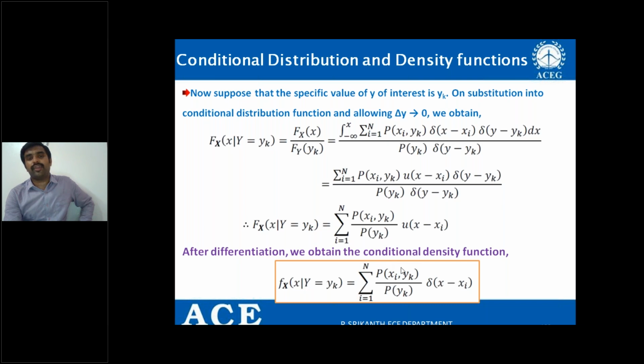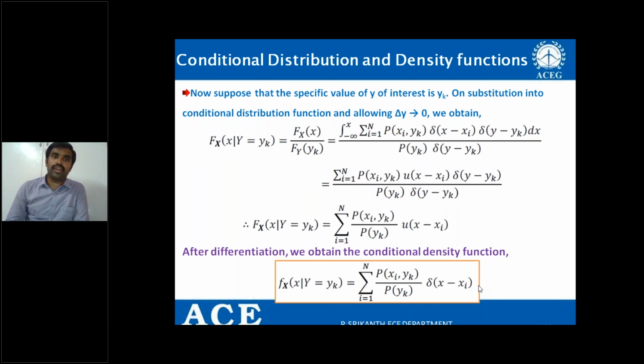Because the numerator value is a probability and the denominator value is also a probability; both are constants. The only term that can vary with x is the unit step function, and the differentiation of the unit step function is the unit impulse function. Therefore, the conditional density function is summation i equal to 1 to n, p of xi, yk by p of yk, into del of x minus xi.